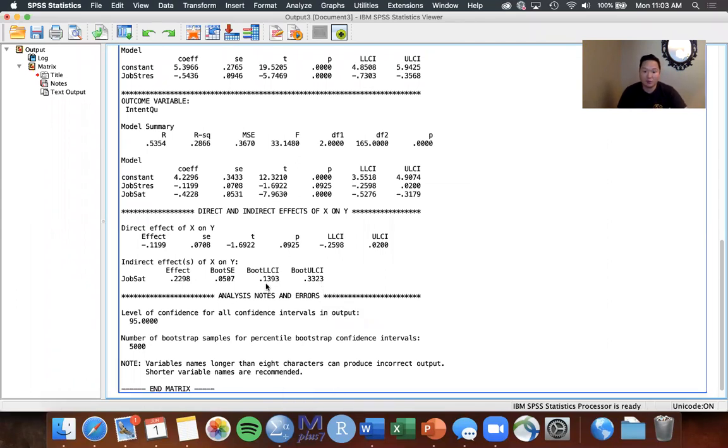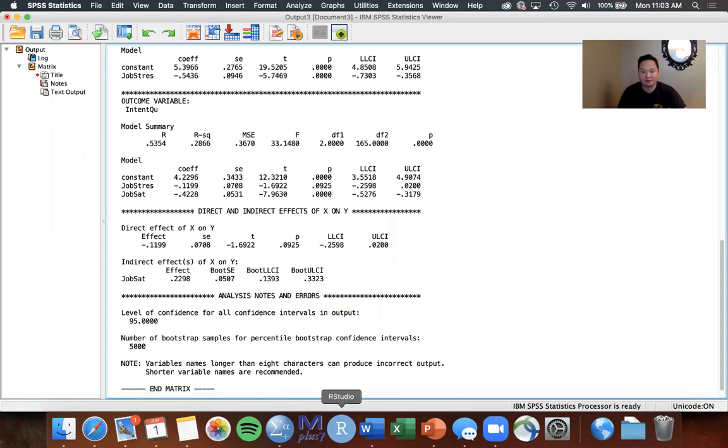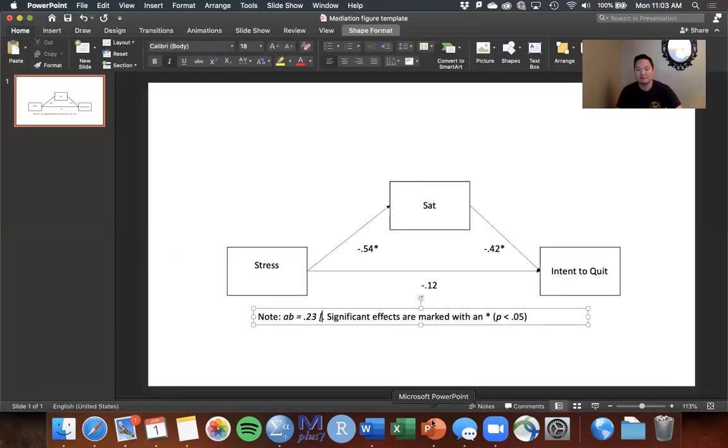So 0.14, 0.33, rounding to 2 decimals. That's all you need to do. Then you write it up.